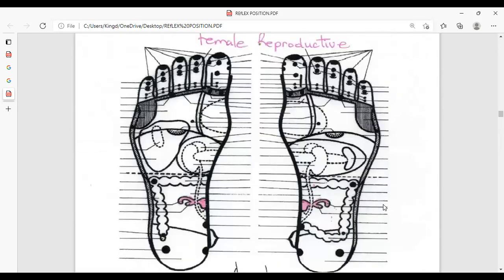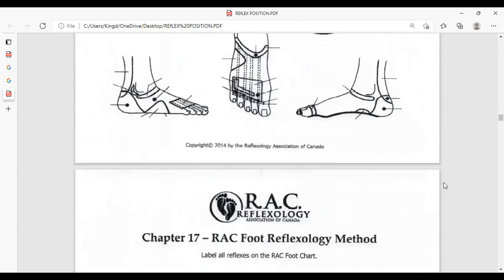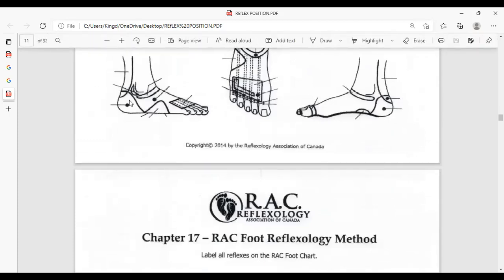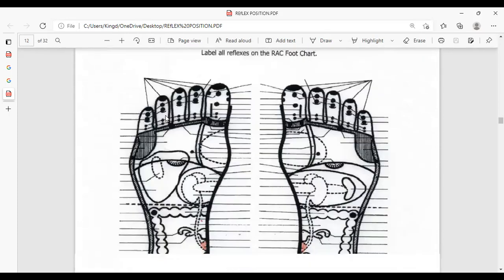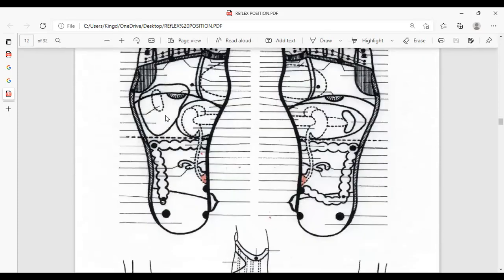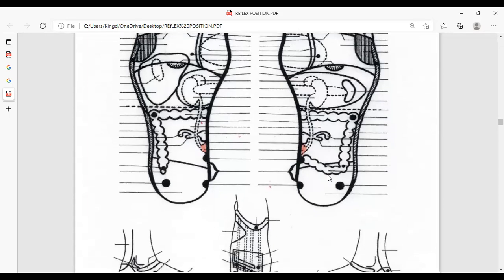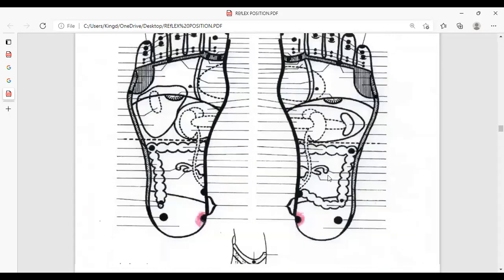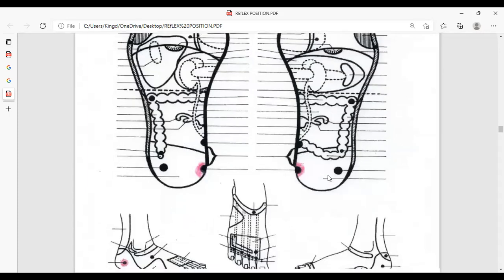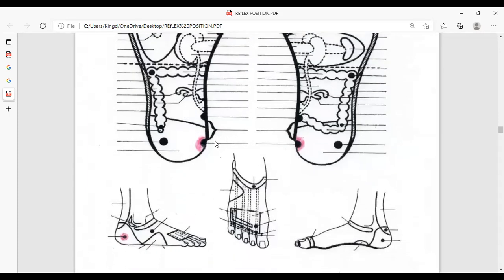You have the female ovaries. We also have the uterus ovary points on the outer sides. All right. That's another, the ovaries. Okay. Then we have another part that helps in the reproductive area.